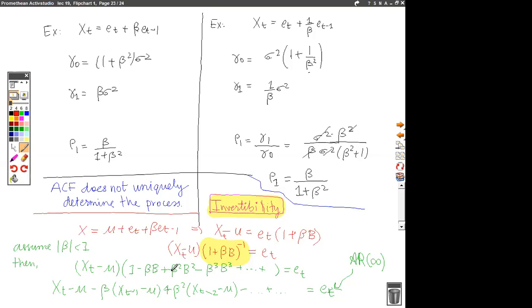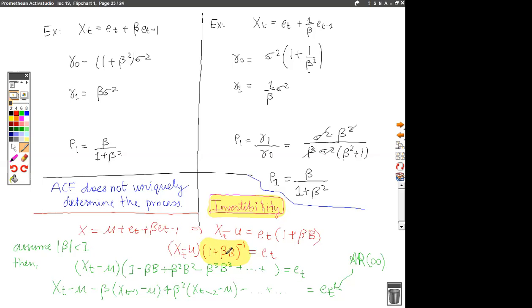So you want these beta powers to have lesser and lesser value, and that is possible if your beta takes a value less than 1 in absolute terms. So what's allowing you to write a MA process in terms of an AR process is the very fact that you can invert this characteristic polynomial, right?